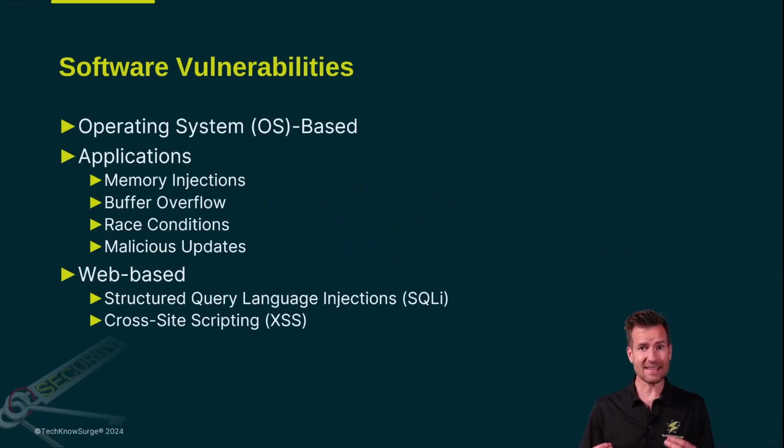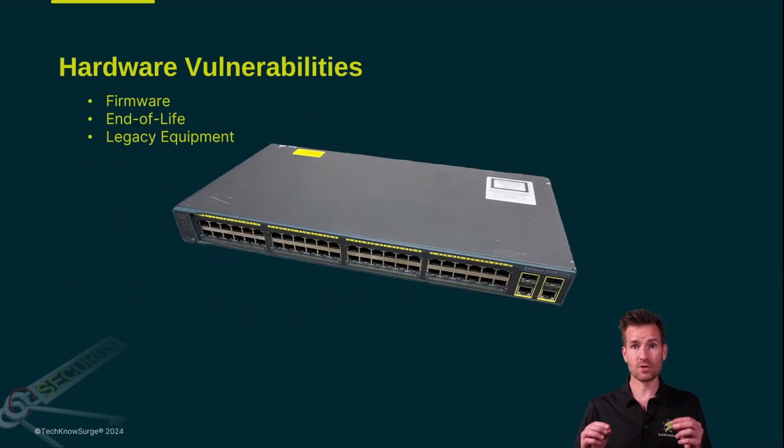We commonly see vulnerabilities within software. So much so, I'm going to get into another video specifically on software vulnerabilities. But here's just a brief rundown of software vulnerabilities. Another common source for vulnerabilities is hardware vulnerabilities. We see that with things like firmware and not updating firmware on these different appliances.